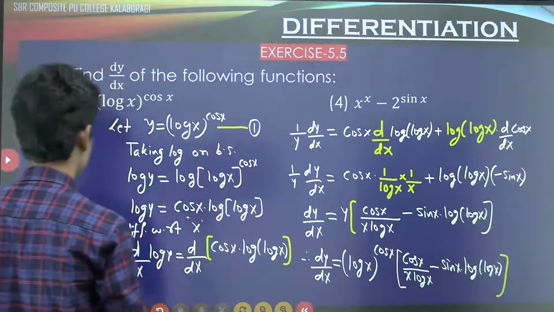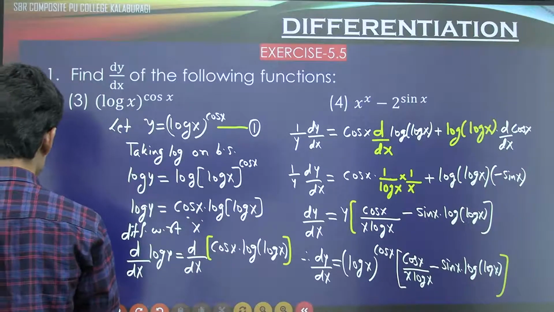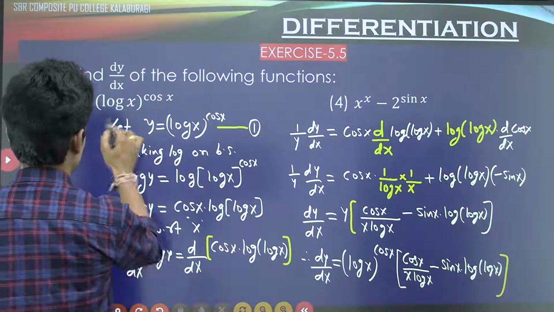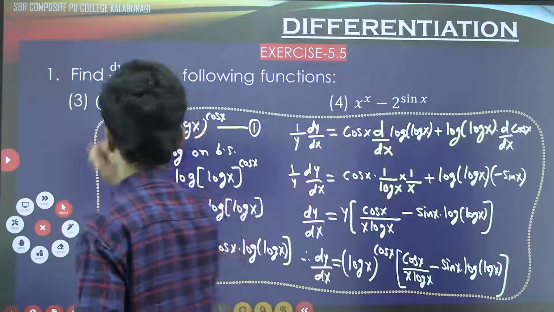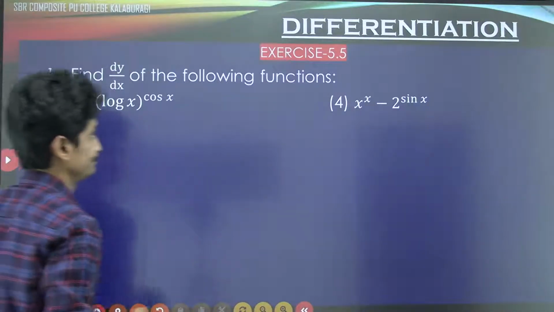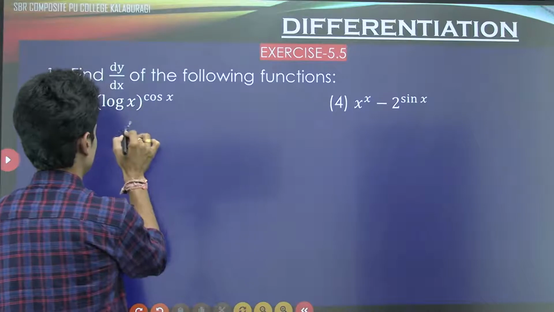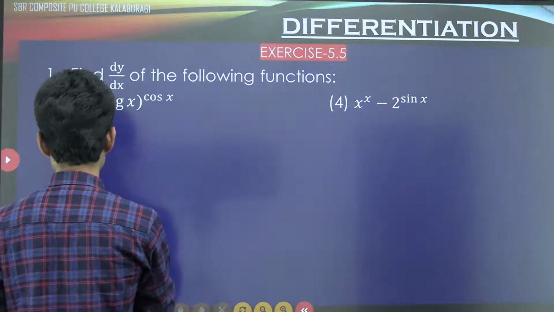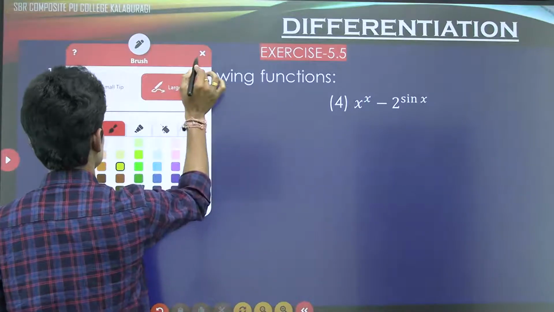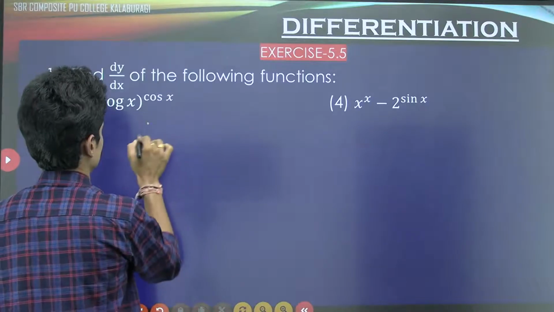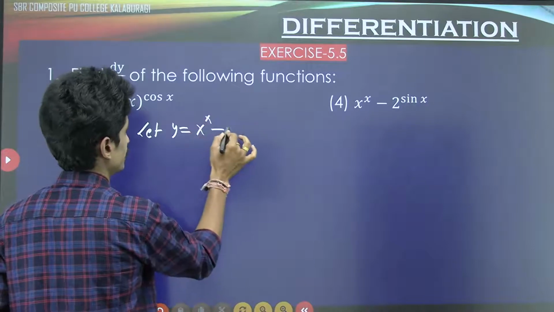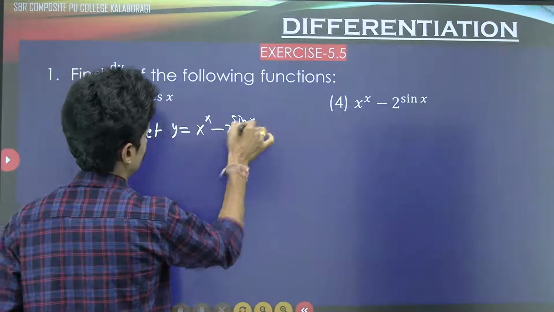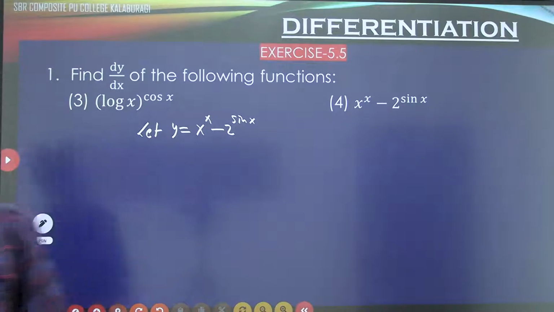Next we should go for question number 4. What is question number 4? Question number 4 also I can consider: let y is equal to x power (x minus 2) power sin x, that is x^((x-2)^(sin x)).